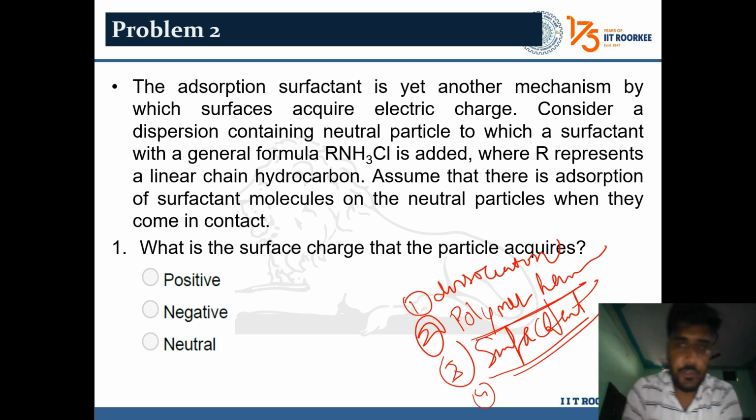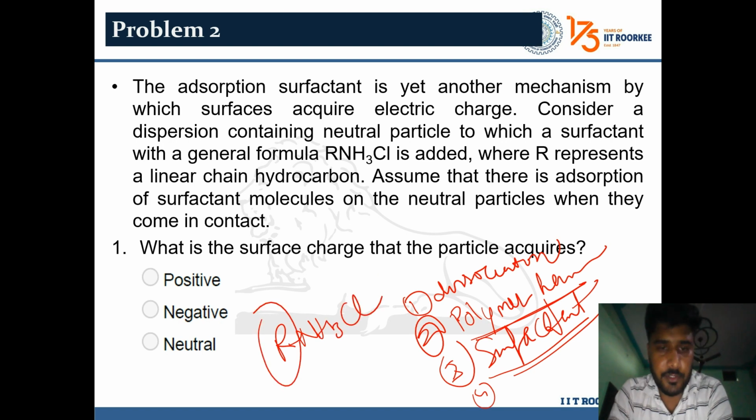Fourth can be functional groups having a negative or positive charge on the polymer. So consider a dispersion containing a neutral particle to which a surfactant is added, whose general formula is given here, RNH3Cl. R can be any long chain of carbon, or any group. Here R represents a linear chain of hydrocarbons. Assume that there is adsorption of surfactant molecules on the neutral particles when they come in contact.